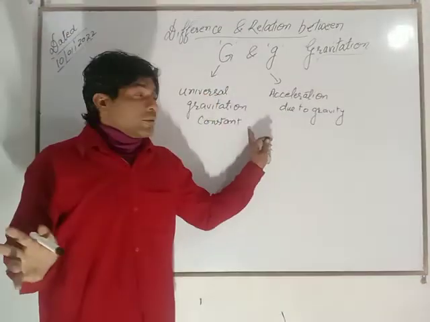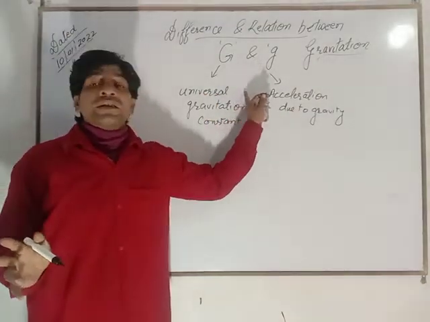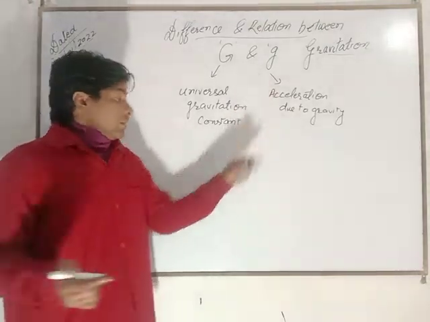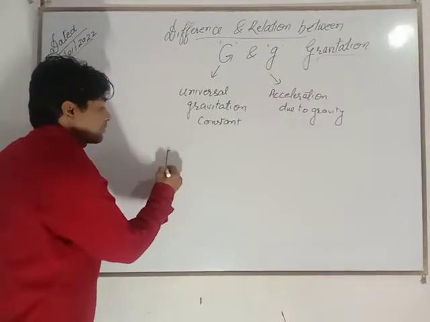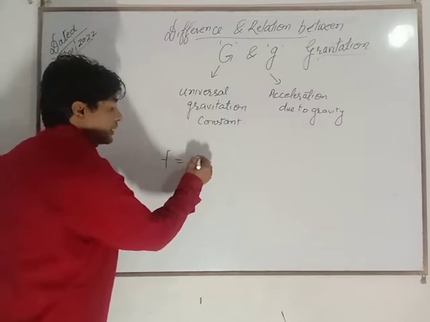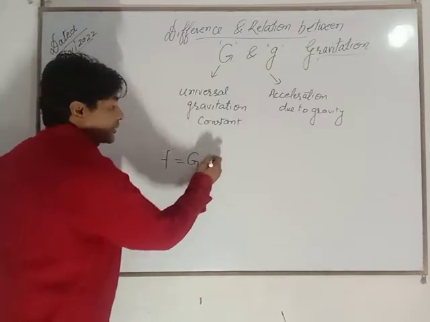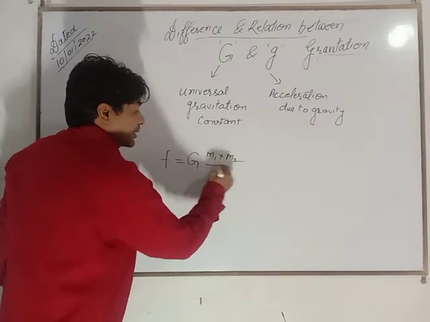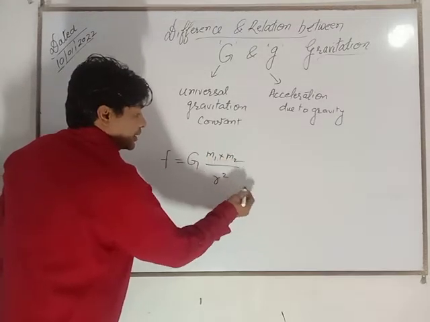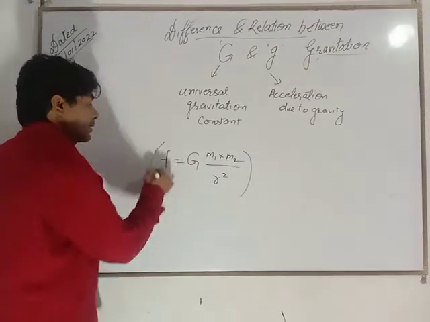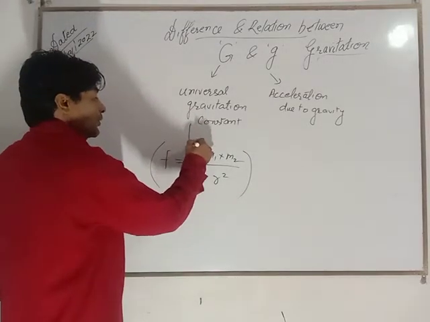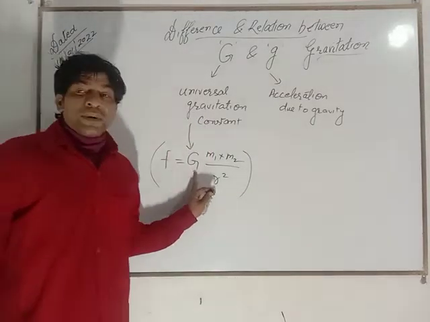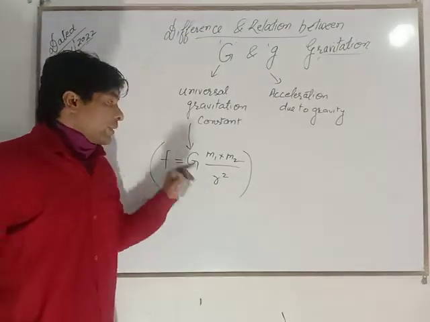You have seen in Newton's universal law of gravitation that the force of attraction between any two objects is equal to capital G times the product of their masses over the square of the distance. Here you are just seeing capital G. This is the capital G formulation.